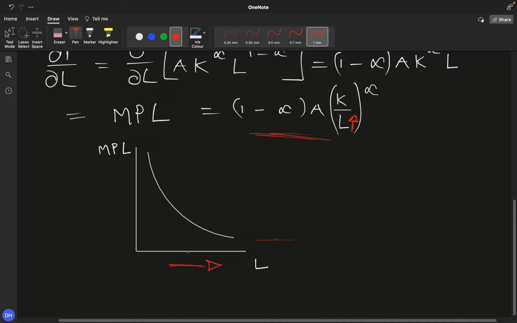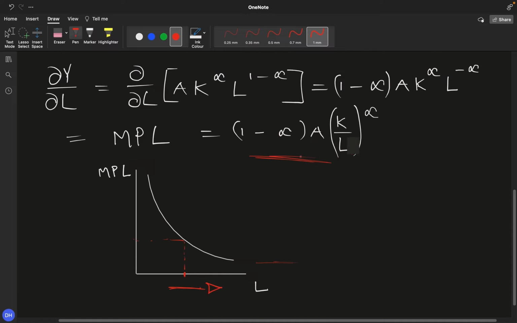However, if we choose some labour input, like here, for example, and we hold that constant for a moment, what happens if we then increase capital, right? Well, at that point, if we increase our capital input, then this number here inside the parenthesis gets bigger, so our marginal product of labour increases, right?